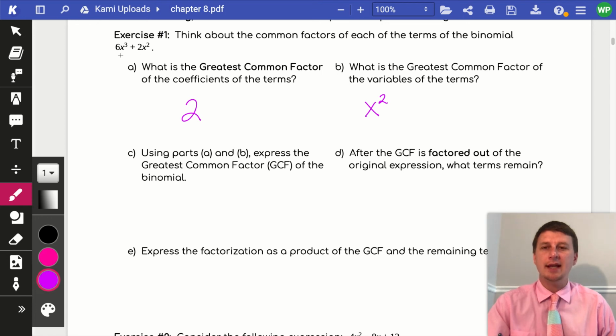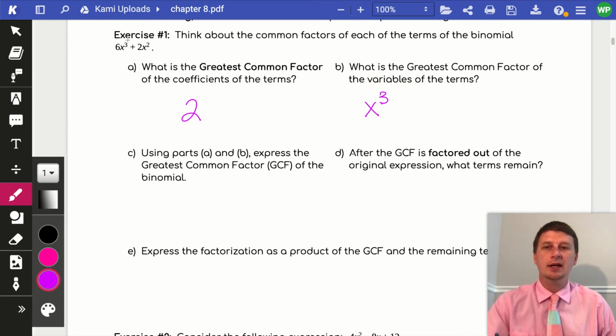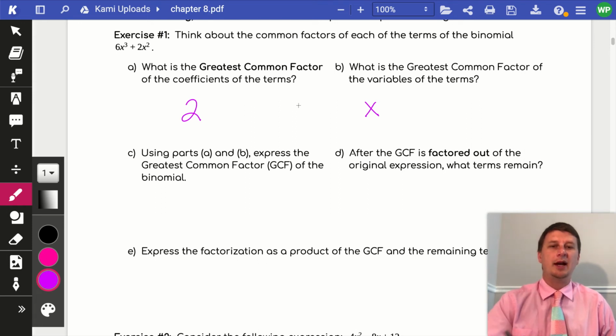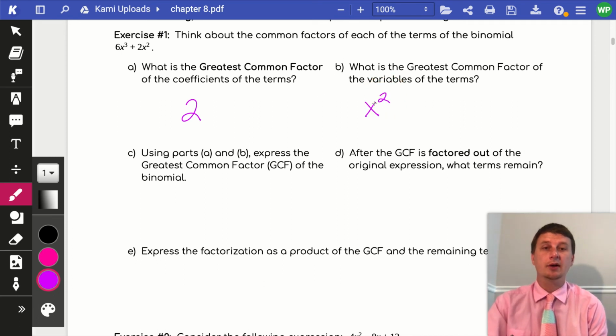And the answer is yes, they both have an x squared. So then you go to the next level and you say, okay, do they both have at least an x cubed? And this one is an x cubed, but x cubed is greater than this one right here. So I'm going to go backwards because they don't both have at least an x cubed, but they do both have an x squared. So the greatest common factor of the variables is the x squared.